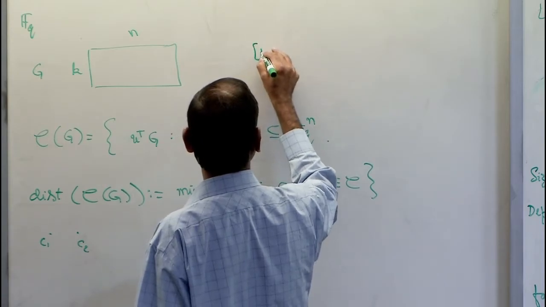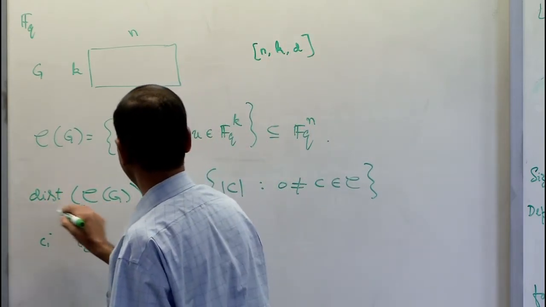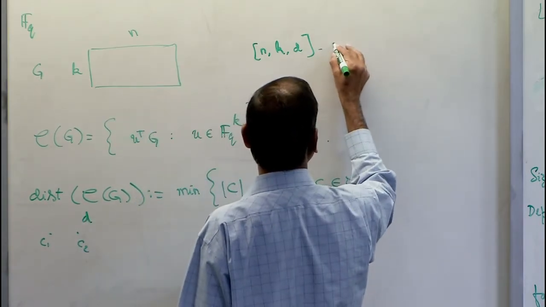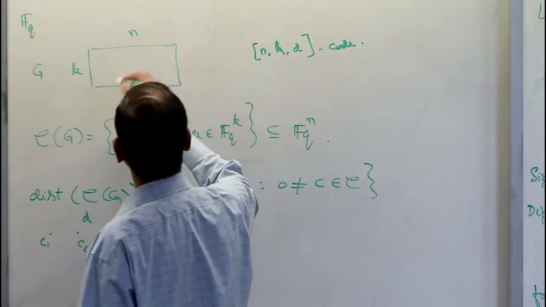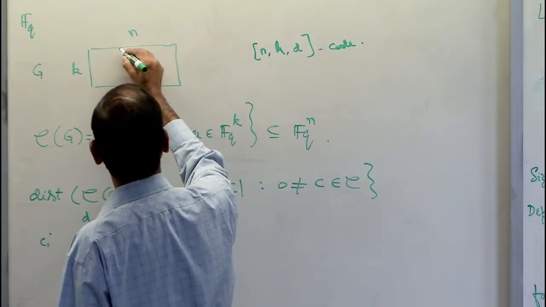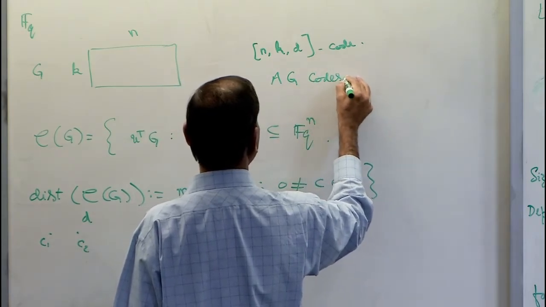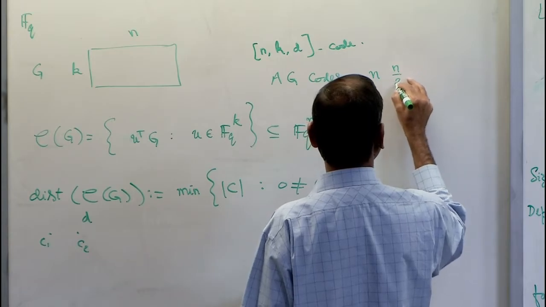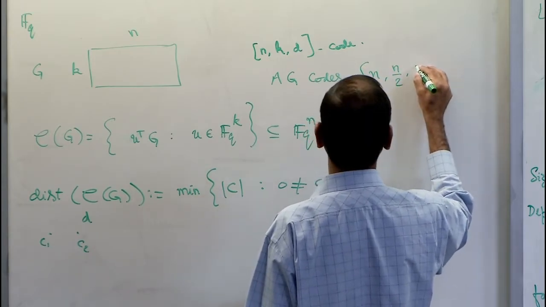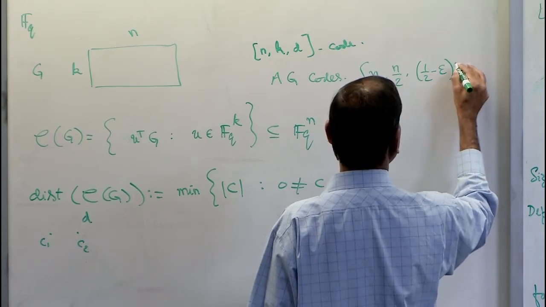Such a code is called an (N, K, D) code. Using algebraic geometry codes, achieving codes of distance n over 2 is a highly non-trivial result.